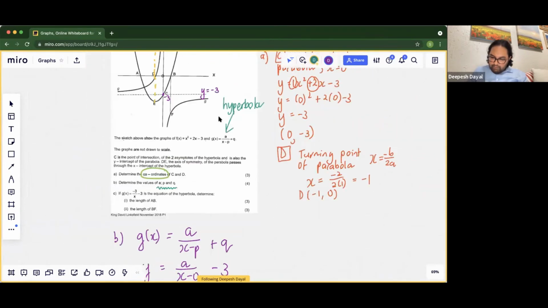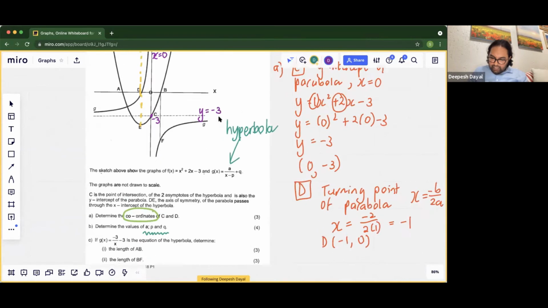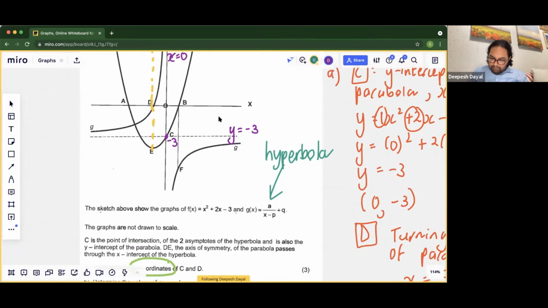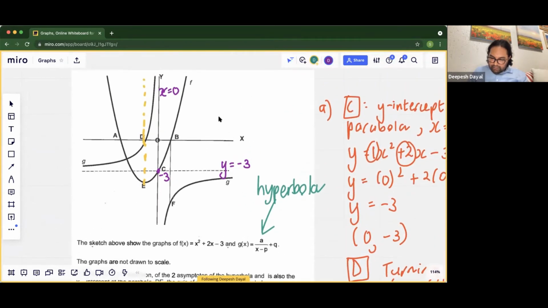What other point can we plug into this to find a? Yes, okay, Tumelo, that's great. Thanks, Luki. Which other point can we plug in to find a? You can just give me the letter.